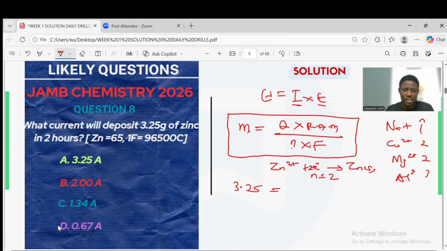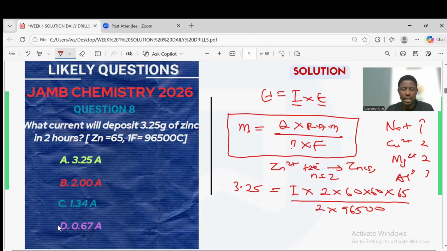We are given that quantity is current times time. So our current is I times time. Time is 2 hours, so 2 times 60 minutes, times 60 seconds. That is 7,200, but let me leave it that way. Then the relative atomic mass for zinc is given as 65. So n is 2 times 96500.